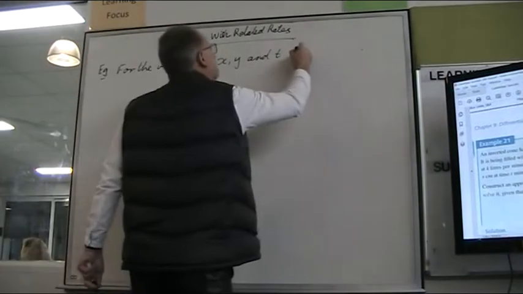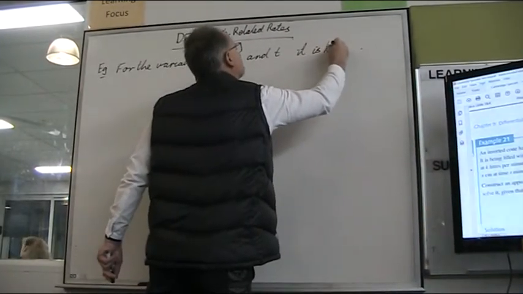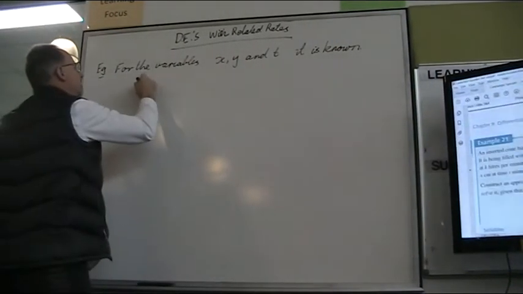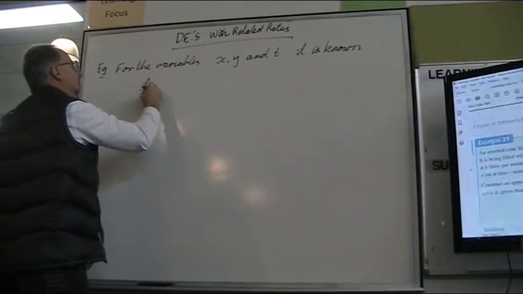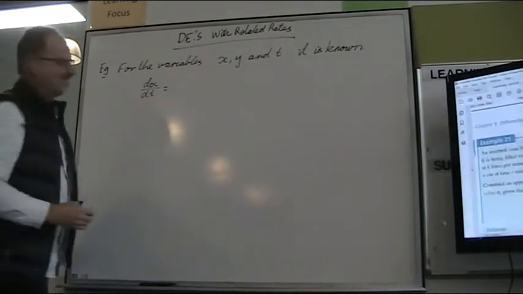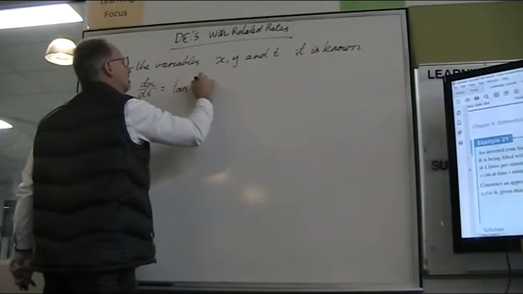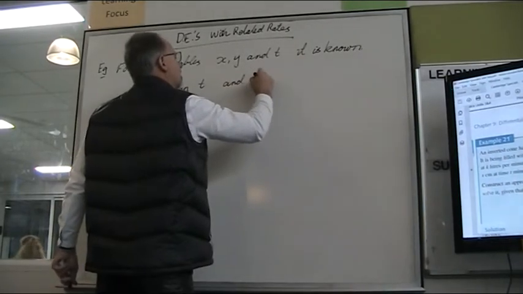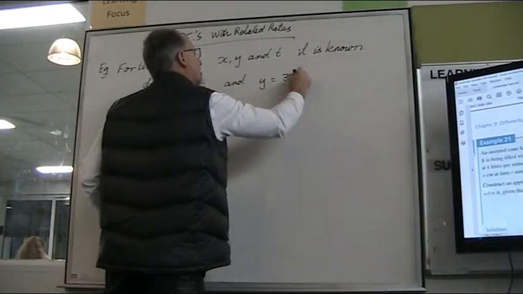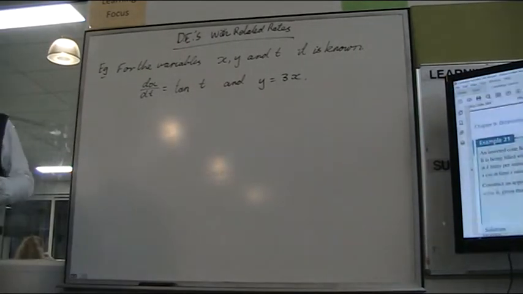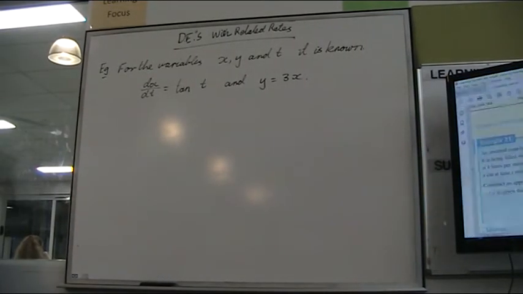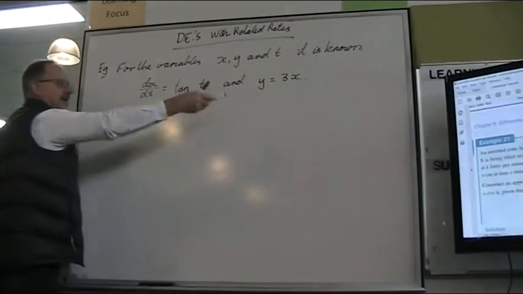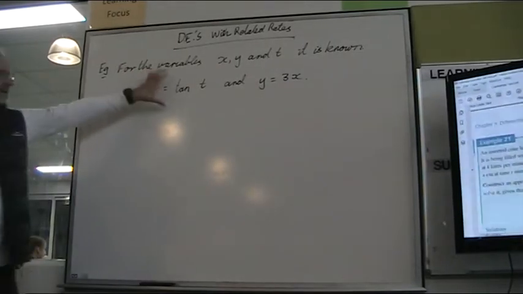It is known that dx/dt is equal to tan t, and also it is known that y is equal to 3x. So we've got three variables, x, y and t, and they're linked together by this stuff here.